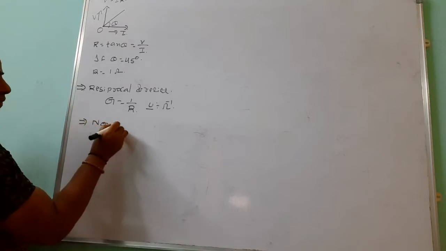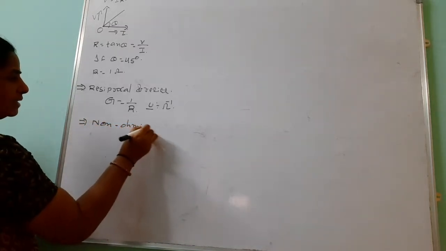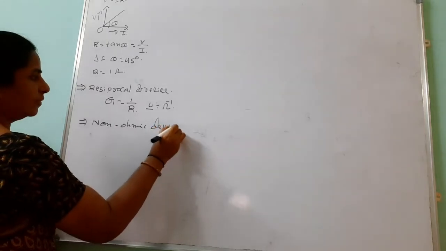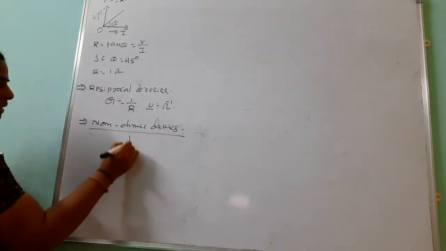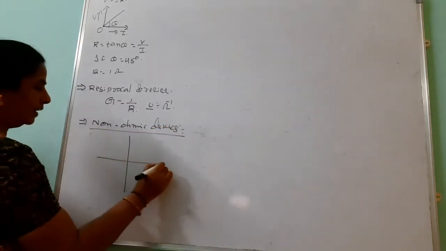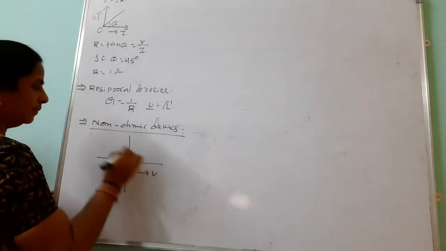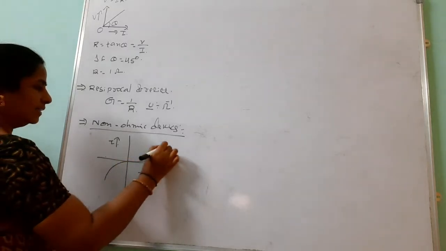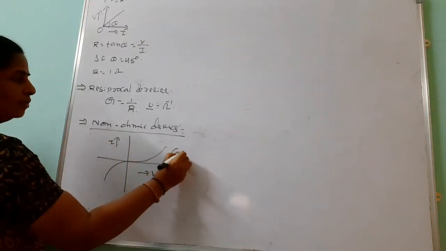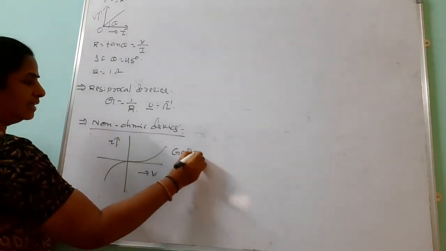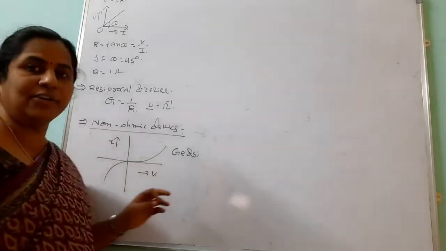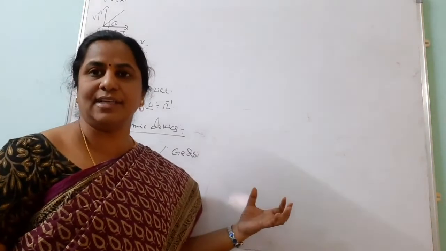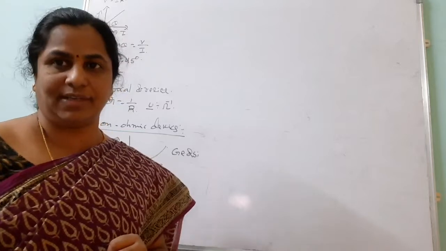For non-ohmic devices, the graph is like this. This is the potential and this is the current. Examples for non-ohmic devices are semiconductors, germanium, silicon, vacuum diodes and electrolytes.